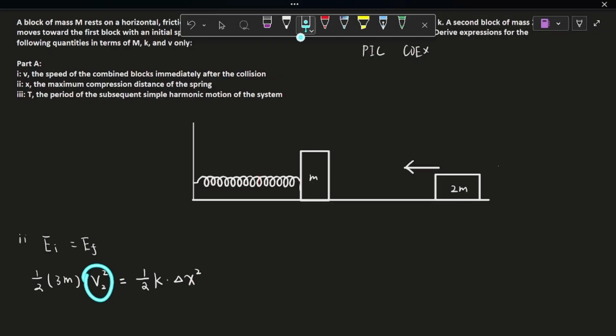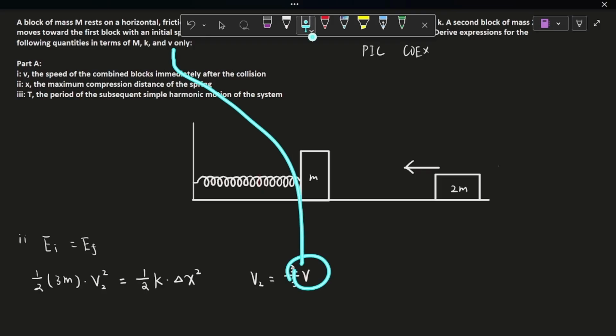We already know v2, right? We solved it from the last part. k is a constant, 3m, we already know that. So let's solve it. But first, we have to write v2 is equal to 2/3 v, because v is the variable that has been given inside the question.